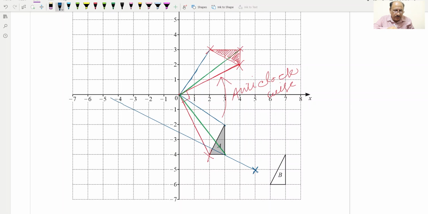So one line will be this one which is passing through the vertex, and the second line will be from this vertex to this one. Hopefully this one also you are getting, this one. Good.